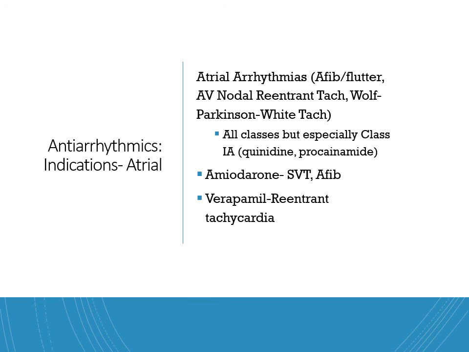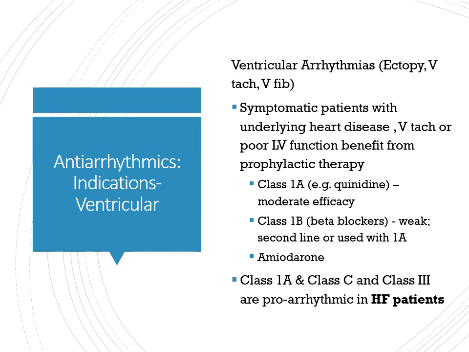As far as indications, atrial arrhythmias, we see all classes being used, especially class 1A. Amiodarone can be used in SVT and AFib, and verapamil can be used in reentrant tachycardia. Ventricular arrhythmias, such as ventricular ectopy, VTAC and VFib, we see class 1A, class 1B, and amiodarone.